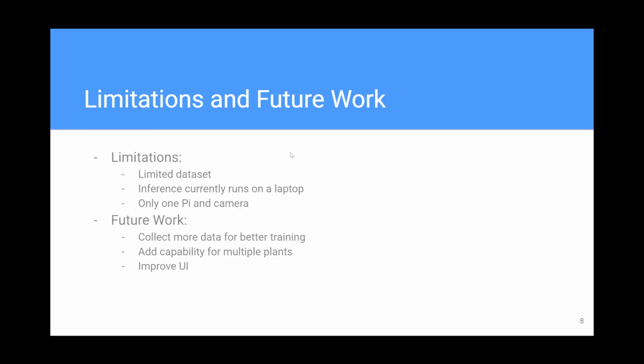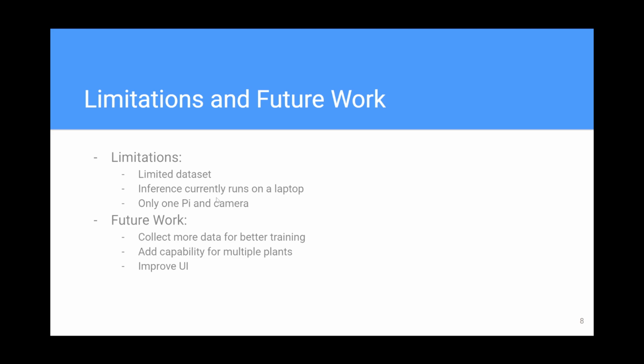And finally, for the limitations and future work, the current limitations are that the data set is very limited. It's not a very big data set, and it only features very specific types of leaves. It's not very general. Another limitation is that the inference currently runs on the laptop.